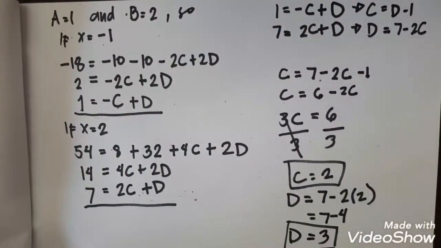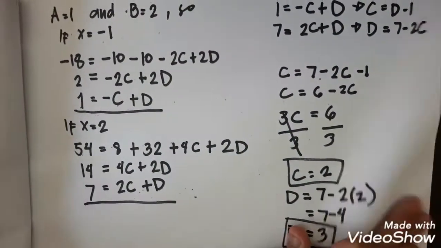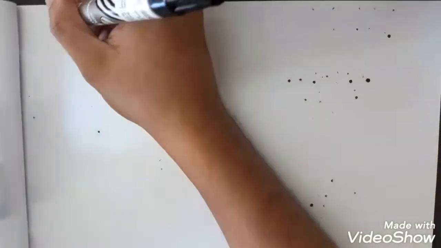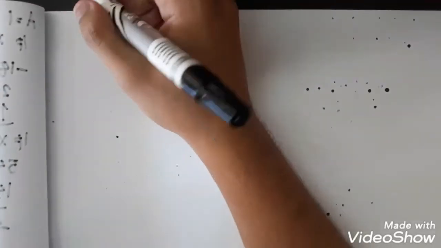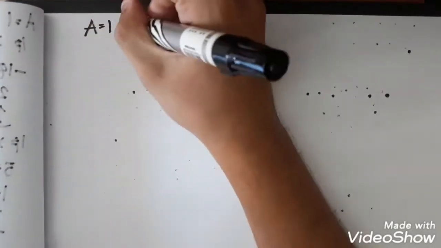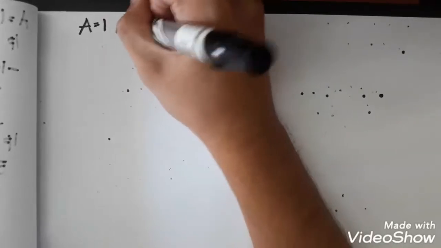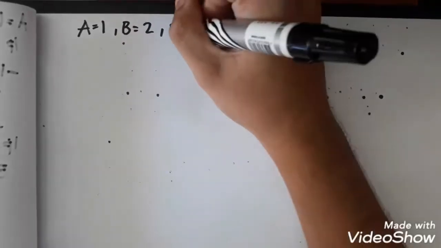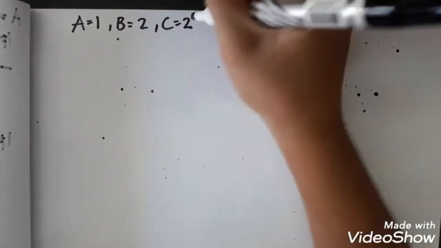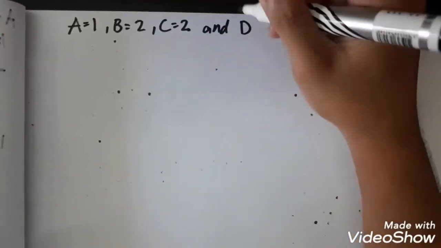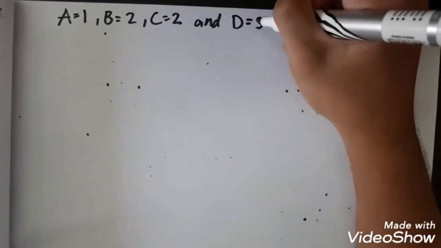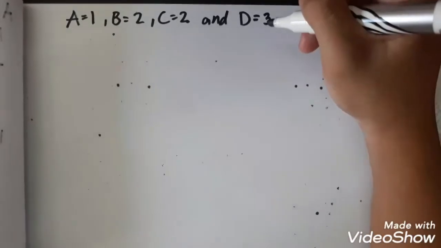Now let's split up the original integral and integrate, using the values obtained in steps 4 and 6, which is a equals 1, b equals 2, c equals 2, and d equals 3, and the equation from step 2.